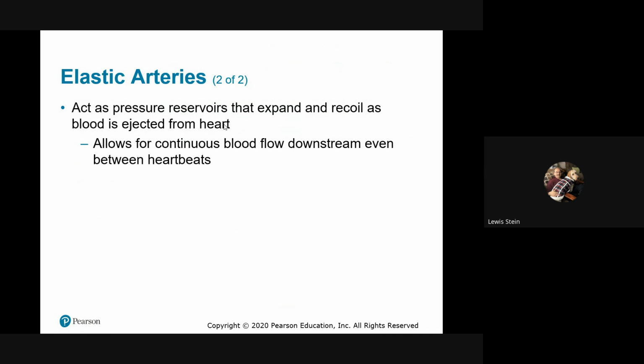That interval between pulses, for most of us, is arbitrarily around 60 beats on average, maybe 1 beat a second, maybe a little bit faster. That's enough time really for relaxation to occur. Even though you feel a pulse, our blood flow is not pulsatile. If it's too pulsatile, it becomes, again, the raging rapids.